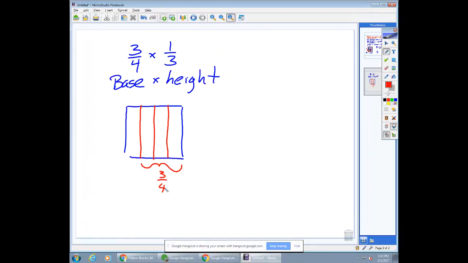And my height needs to be broken into thirds, maybe there and there, to the best of our artistic ability. And so let's say I'm going to pick that as my 1/3 for the height.